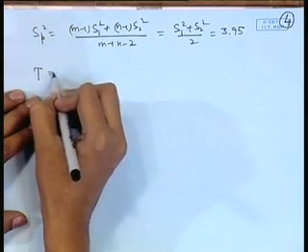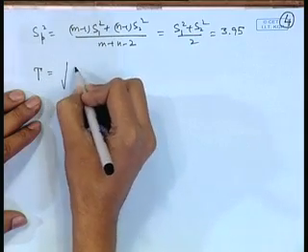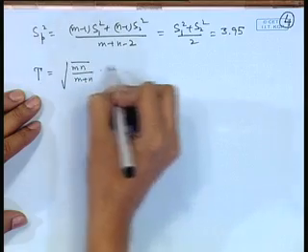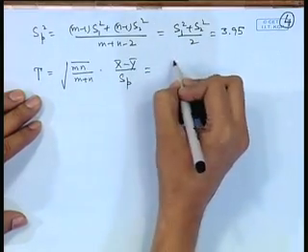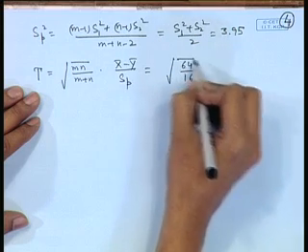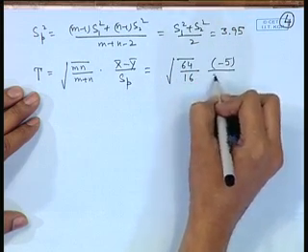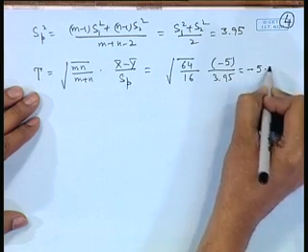So, the formula for the pooled test statistic here is square root of m n by m plus n times x bar minus y bar by SP, that is square root 64 divided by 16, and this is minus 5 divided by 3.95, that value turns out to be minus 5.032.